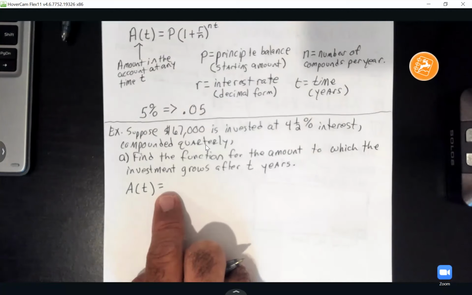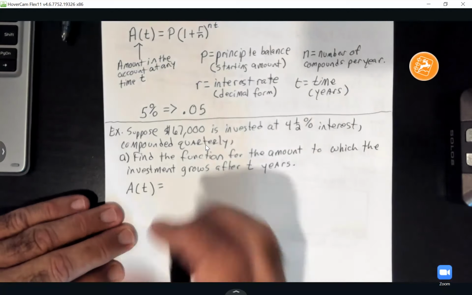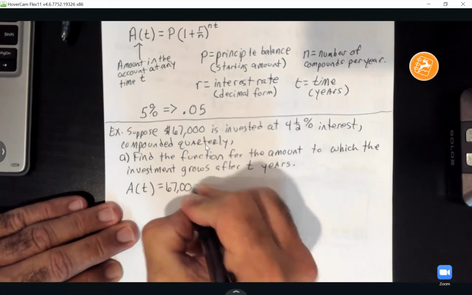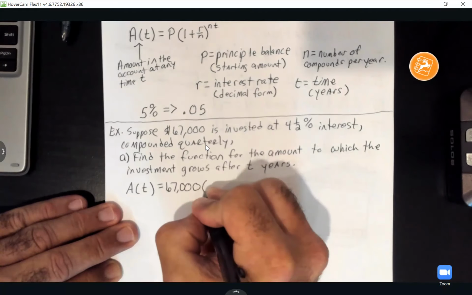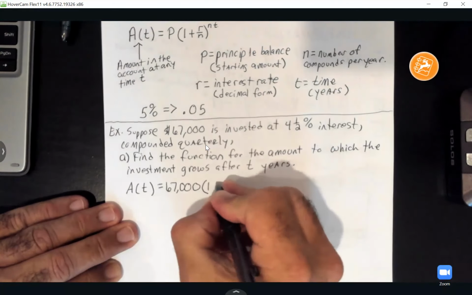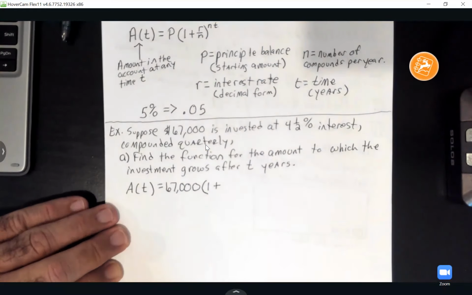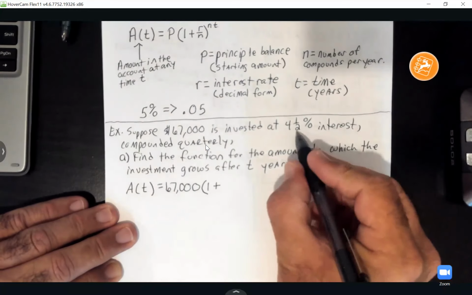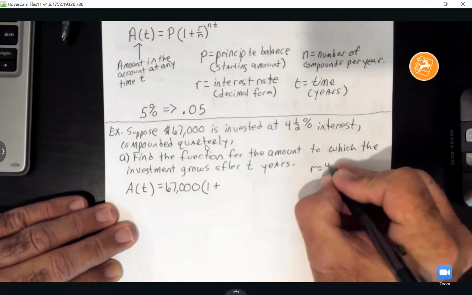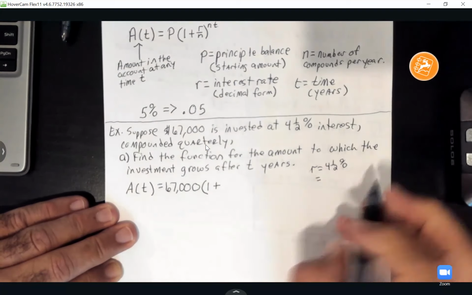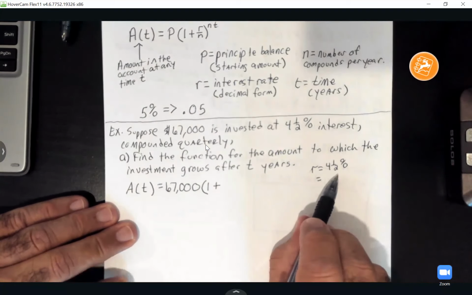What is P? 67,000. So I'm going to bring down my 67,000. Then we have parentheses 1 plus R. My R is 4.5%. So I'm going to change the percent into a decimal.